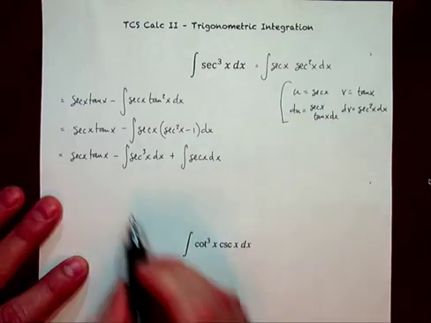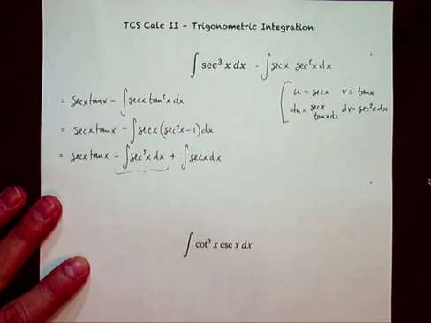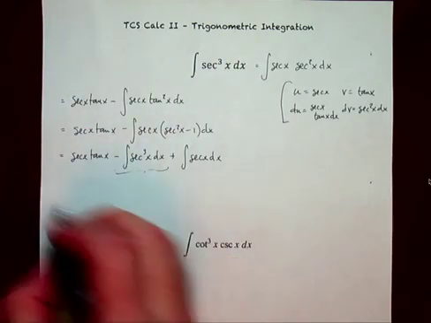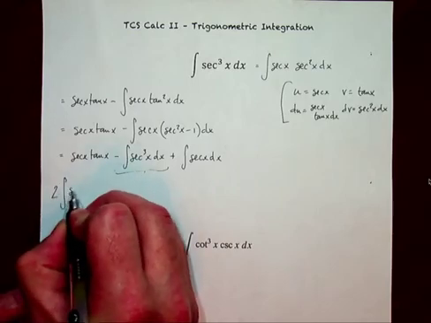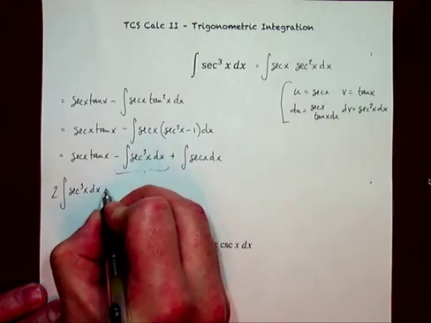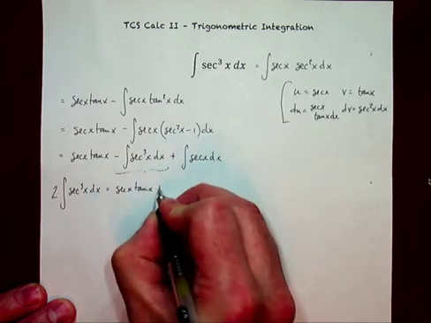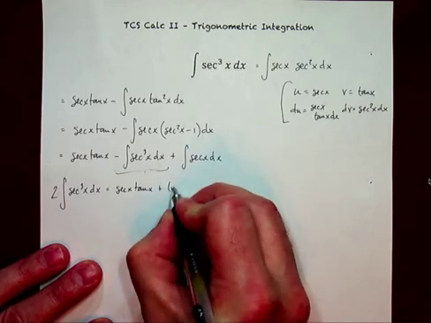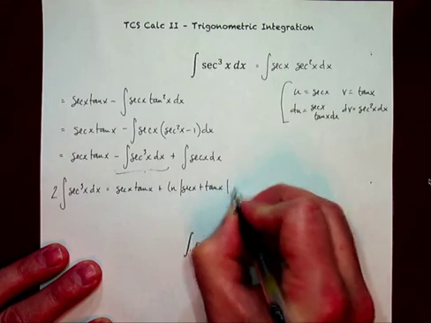And you're like, oh my gosh, will you look at that? I can add that, since this secant cubed x is understood to be over here, I can add that to the other side, 2 times the integral of secant cubed x dx, and that leaves me with secant x tangent x plus, and of course the integral of secant is the natural log of secant x plus tangent x plus c.